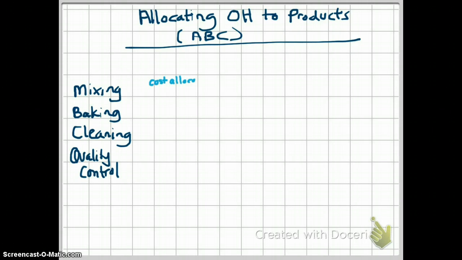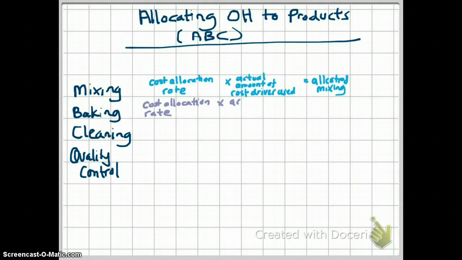What we do is we take our cost allocation rate for our mixing department and multiply it by the actual cost driver used for the mixing department, and that gives you how much overhead was allocated to our mixing department. Next, we take the cost allocation rate for our baking department multiplied by the actual amount of the cost driver used of the baking department, and that gives you the allocated cost for the baking department.